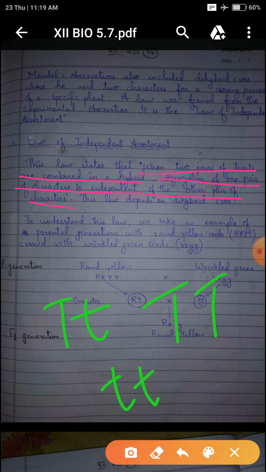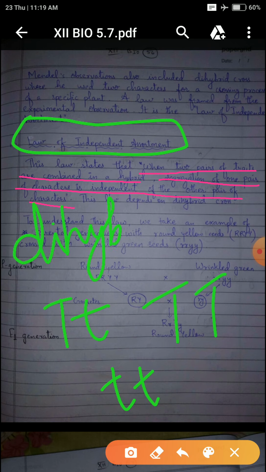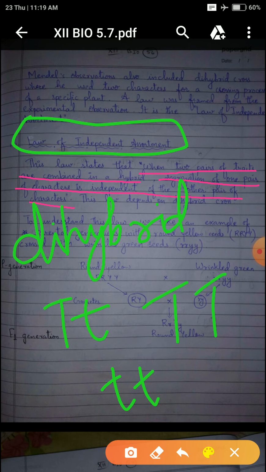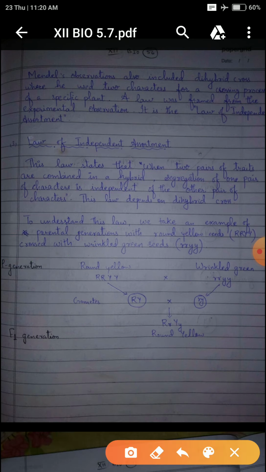Now, for stating the law of independent assortment, what he did was a dihybrid cross, in which he took two pairs of characters, two pairs of alleles, for his experiment. So we will discuss that.